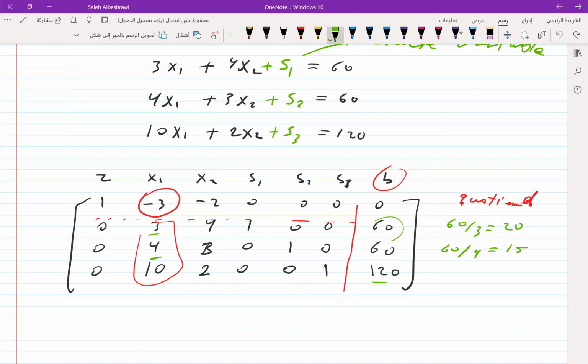Last one, 120 divided by 10 equals 12. Now for the quotient, we are using the minimum non-negative quotient. And the minimum one is equal to 12, which means I'm going to choose 10 to be my pivot.